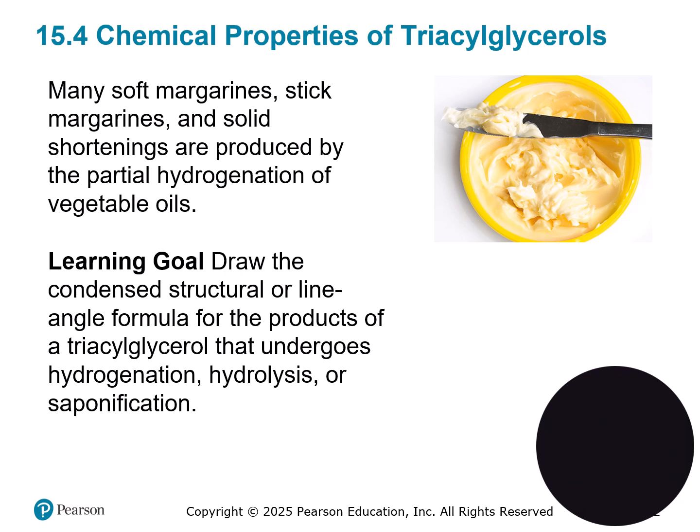So, soft margarines are often hydrogenated, because if they had a lot of double bonds, it would be oil and not a solid. So margarines can be partially hydrogenated, where you add hydrogens to get rid of unsaturation in those fatty acid chains, and therefore you make it more solid.